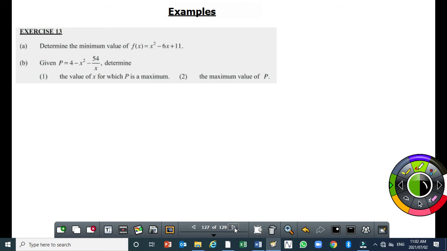All right, the first example, it says determine the minimum value of f of x equal to x squared minus 6x plus 11. What type of a function is that? It's quadratic. So, if I want to find the minimum value of that quadratic graph, first thing I'll write my function f of x equal to x squared minus 6x plus 11.